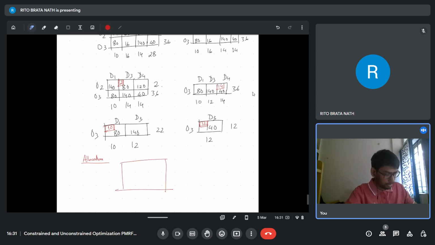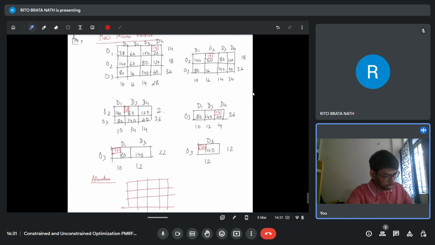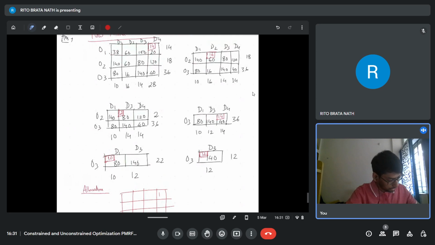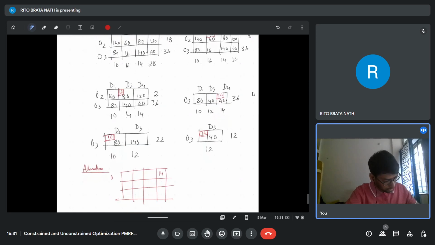So the allocations will look like, so I'll just write down the allocations. Here it's 14. O2 D2 is 16. So let me name this first.